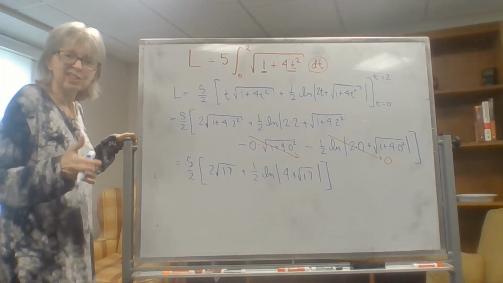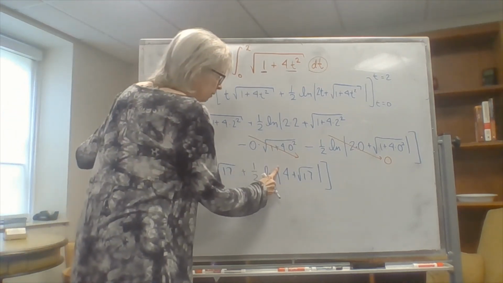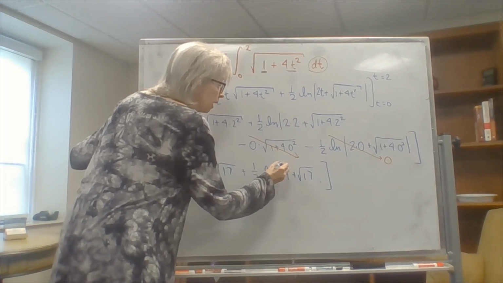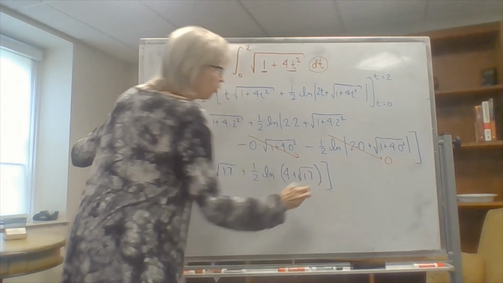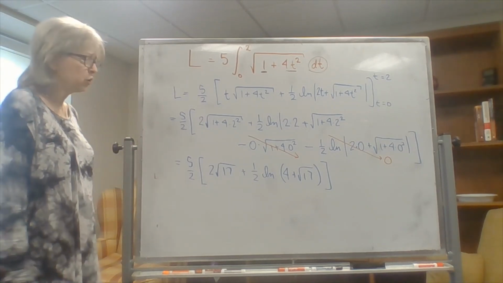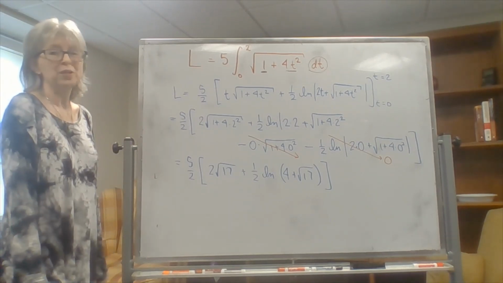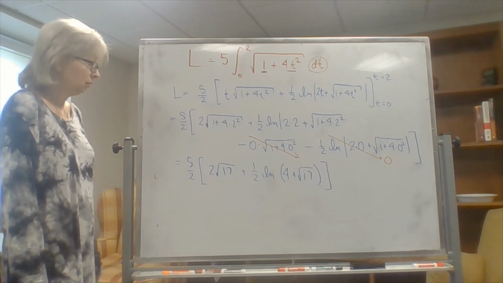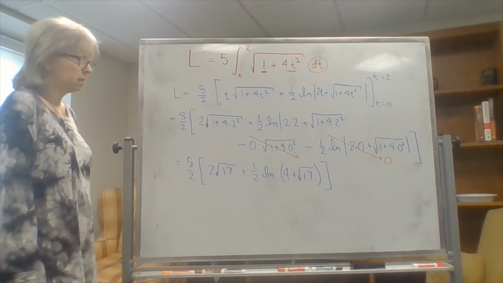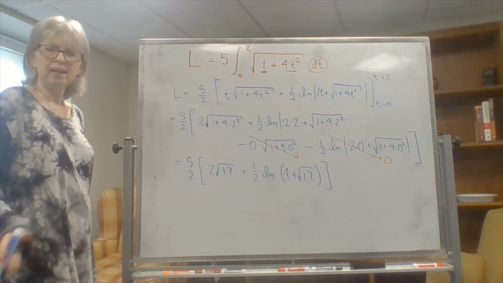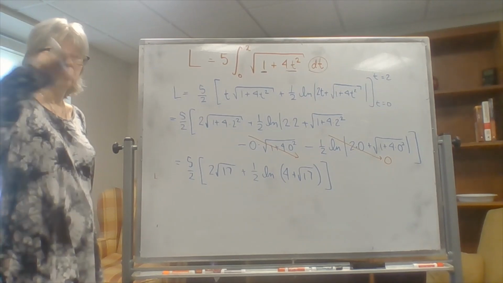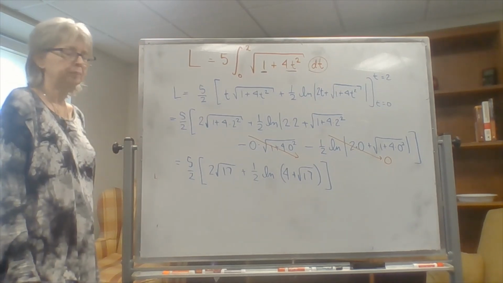The only tiny adjustment I might make is natural log is only defined for positive numbers, which is the reason why when we integrate and a natural log pops out, we throw those absolute values around it. Well, 4 plus square root of 17 is a positive number. So, voila, there is the length of my curve from time 0 to time 2.